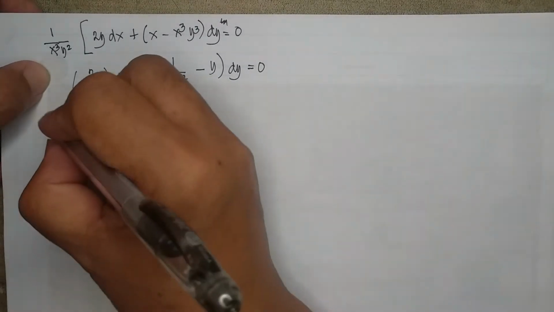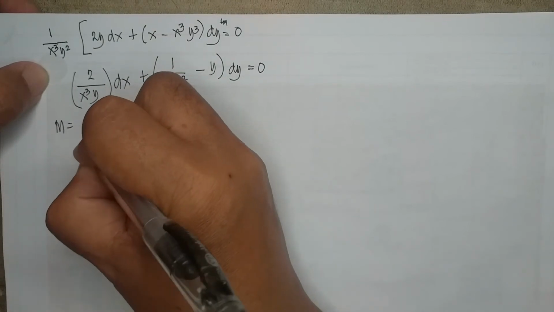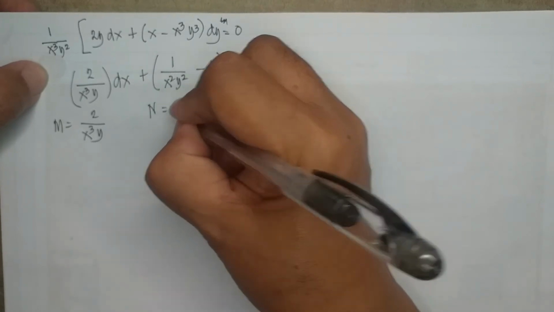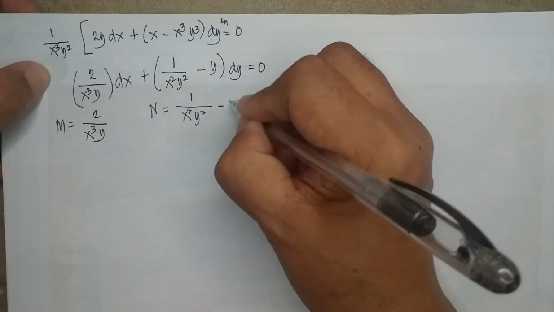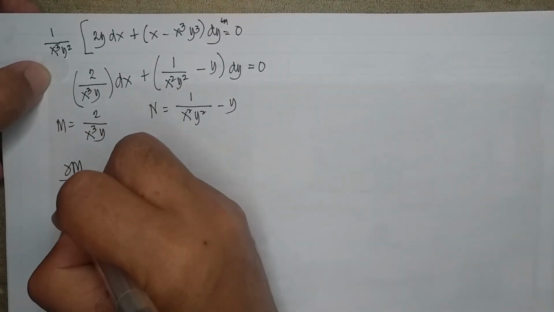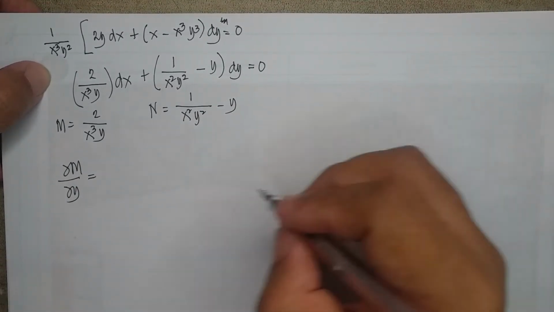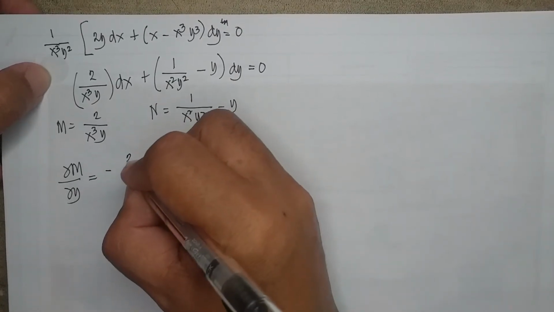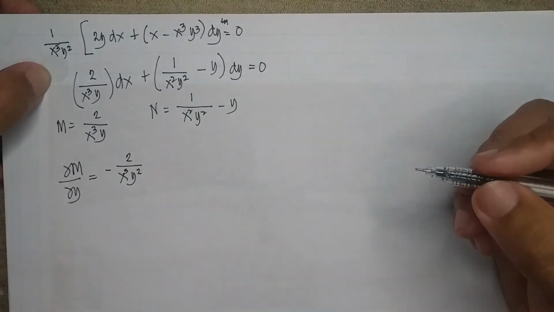Again, the new value of M is equal to 2 over x cubed y. And the new value for N is equal to 1 over x squared y squared minus y. The derivative of M in terms of y holding x constant is what? Negative 2 over x cubed y squared.